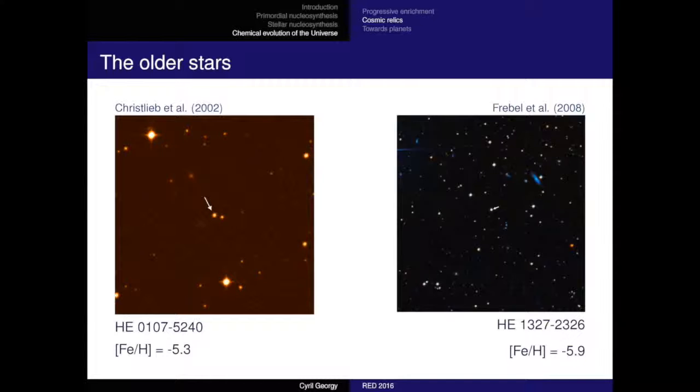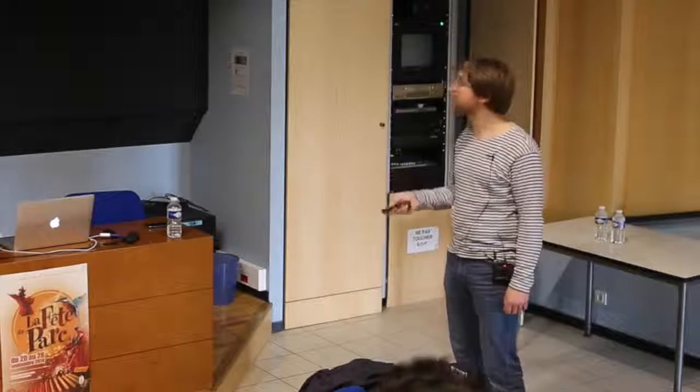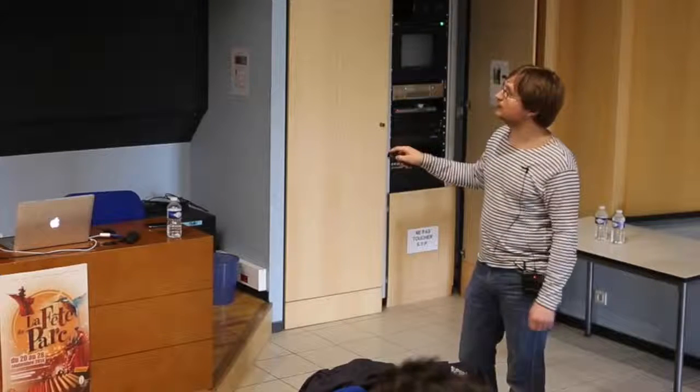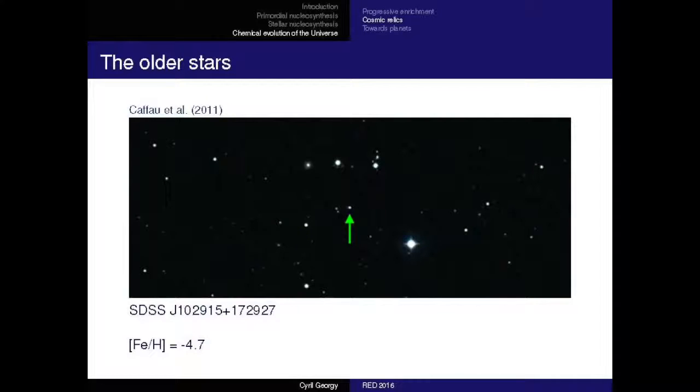There is another one here, which has a still lower iron content, one millionth the content of the sun in terms of metals. These two are evolved stars. We also have here probably a main sequence star that also has quite low metallicity.